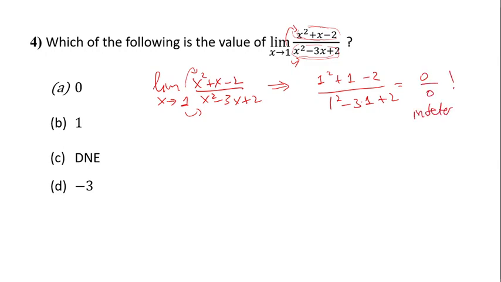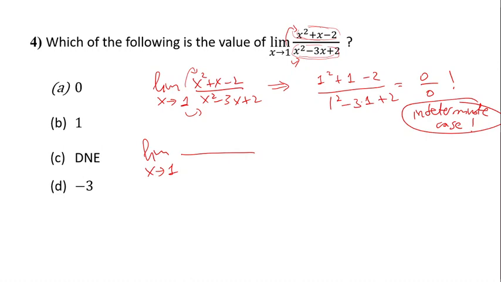Indeterminate case means there might be a limit or not. So in this case, we try to do the simplification. We look for some simplifications, and since we have polynomials, we can do the factoring. Let me write them one by one.